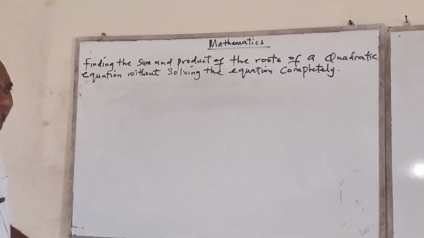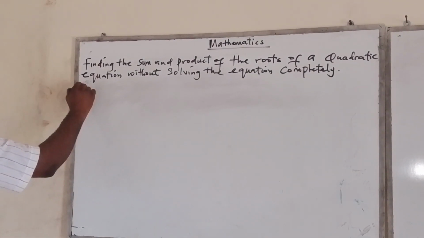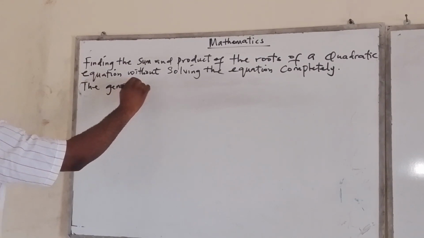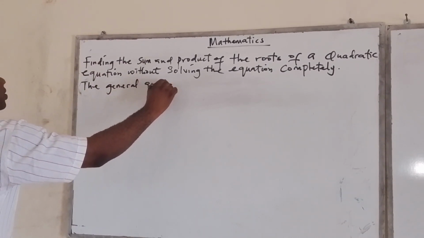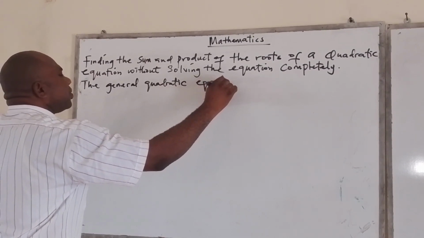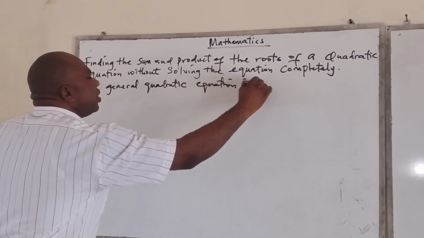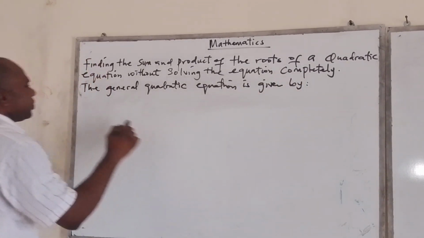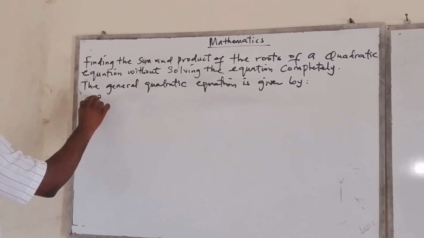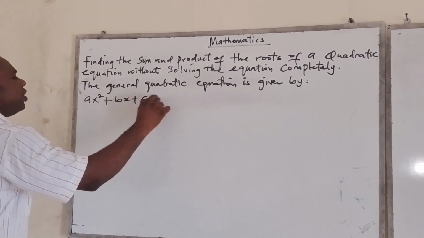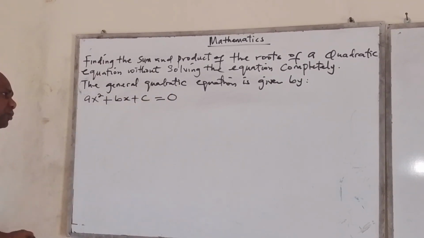Now remember in our last class, we said the general quadratic equation is given by ax squared plus bx plus c is equal to 0.